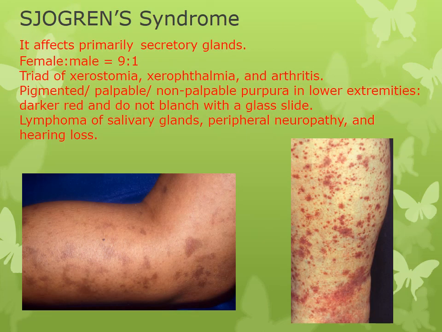And finally, Sjögren syndrome. Sjögren syndrome is a disease that primarily affects the secretory glands. The female to male ratio is 9:1. There is a triad of dry mouth, dry eyes, and arthritis. Besides that, the common skin manifestation is purpura: palpable purpura, non-palpable purpura, and pigmented purpura.